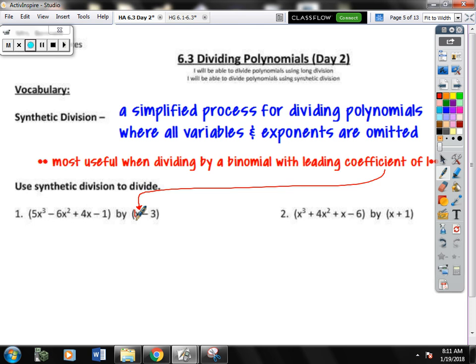So that's why this is really useful as a faster, easier method than long division when you're dividing by a binomial that has a leading coefficient of 1x. I'm going to give everyone a second to get that copied down.